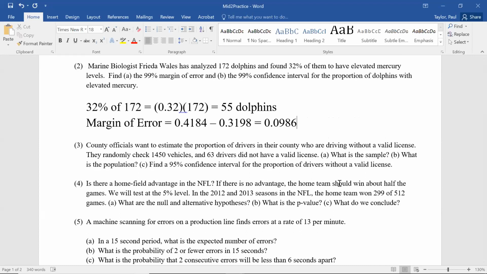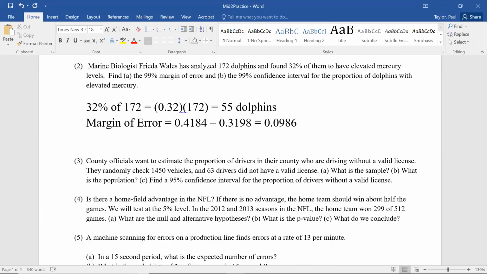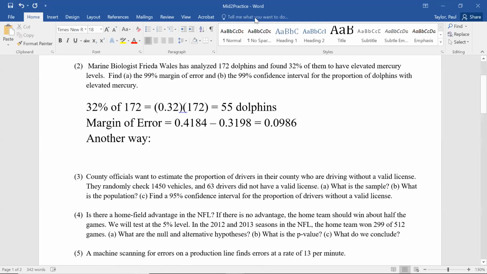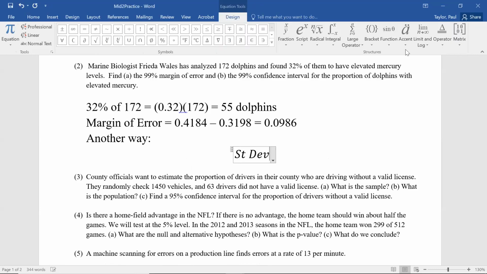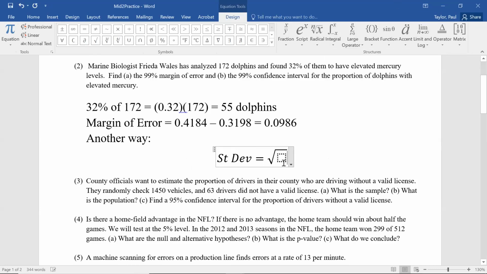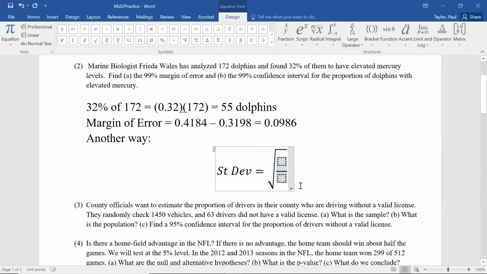Now there is another way to do this, and if you look in the book at how to find margin of error, it'll go through this other method. Another way to find the margin of error is to first find the standard deviation that goes along with these types of computations. We had a formula for that in class: the square root of p times 1 minus p over n.